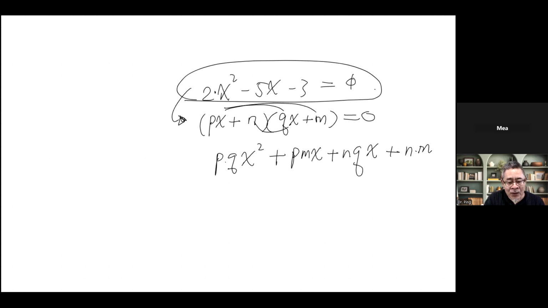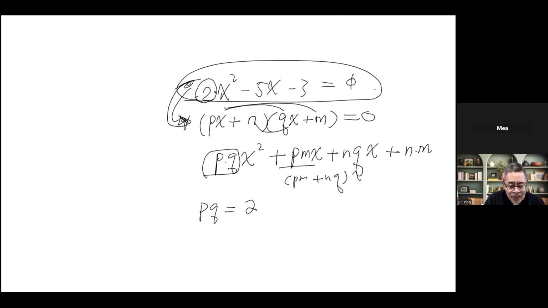In order for the first one to equal that, we can see that p times q has to equal 2, right? This has to match with this. And this is actually pm plus nq of x, so that has to match -5. And then the last one, n times m, has to match -3.